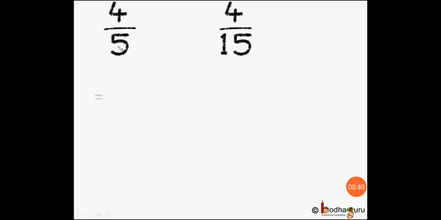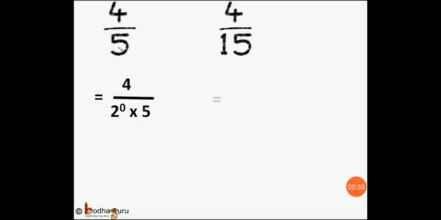Coming back to the same question, 4 by 5 and 4 by 15. The prime factorization of 5 can be written as 2 to the power 0 into 5 to the power 1, and 15 can be written as 3 into 5. So the first number, 4 by 5, is of the form 2 to the power n into 5 to the power m. Hence it gives us a terminating decimal expansion, and 4 by 15 cannot be written in terms of 2 to the power n into 5 to the power m.